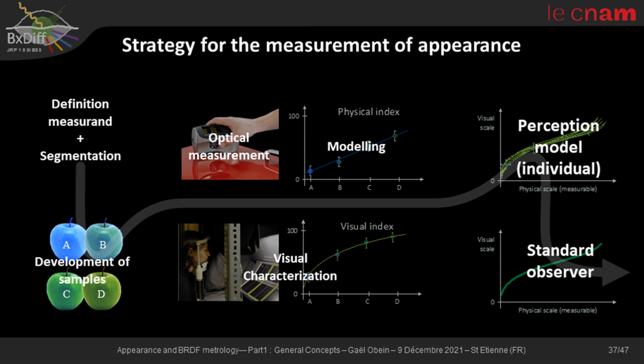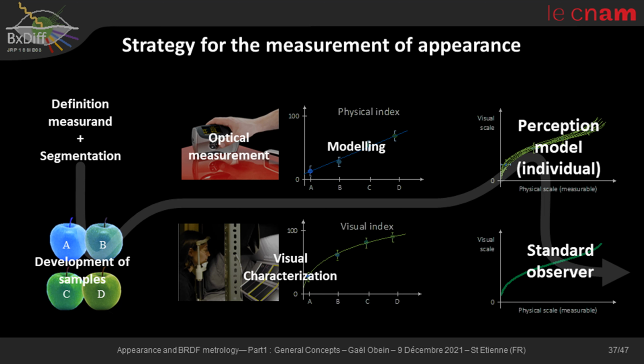So the full strategy is the following. You define your measurement, you split it in easy parts, you develop samples that are covering this small part you want to measure. Then in parallel, you do optical measurements.